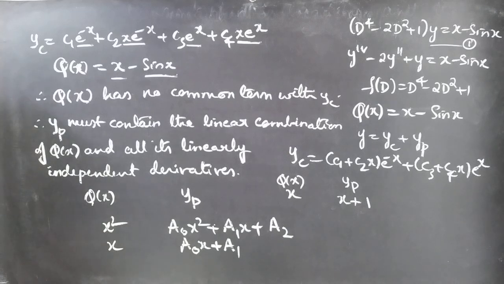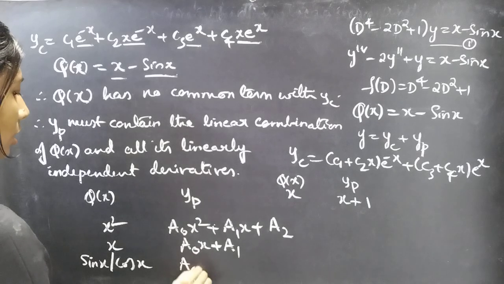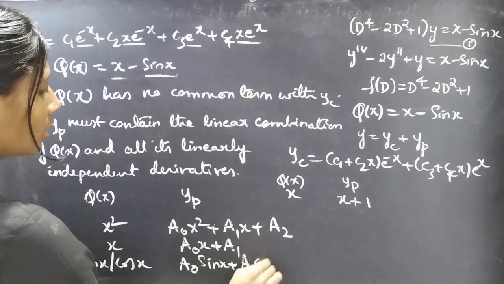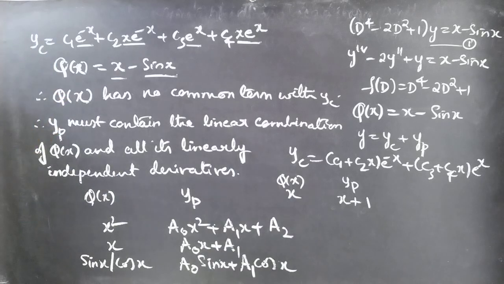Okay, fine. When q of x is sin x or cos x, yp will be a naught sin x plus a1 cos x. This is a formula.